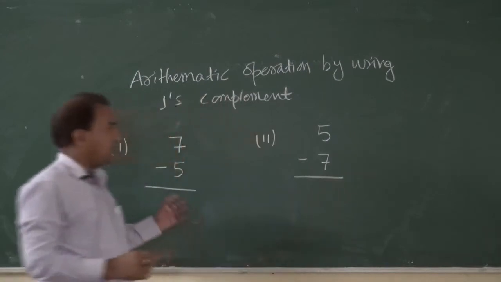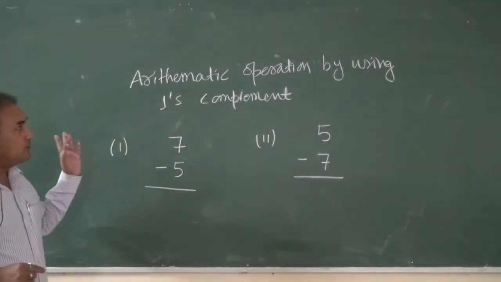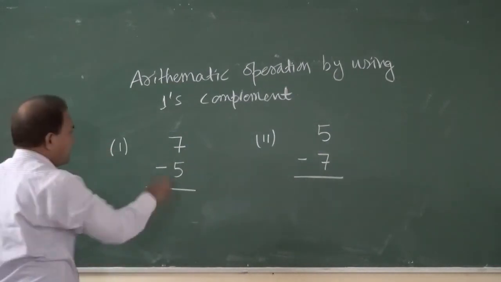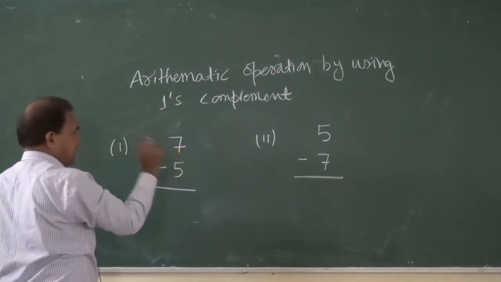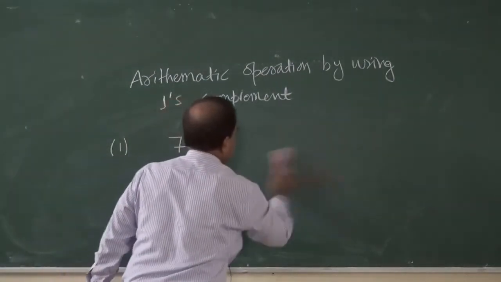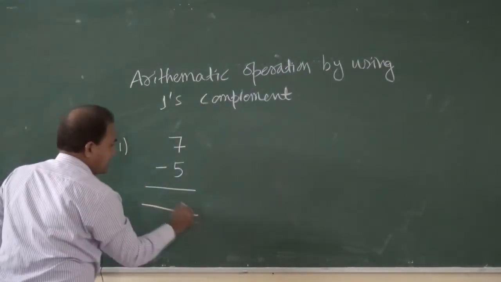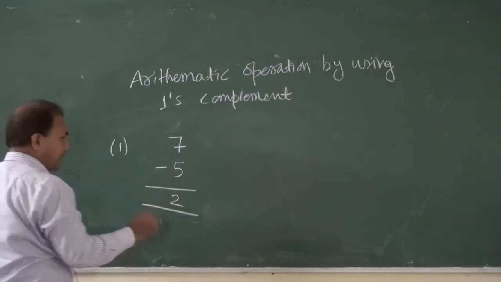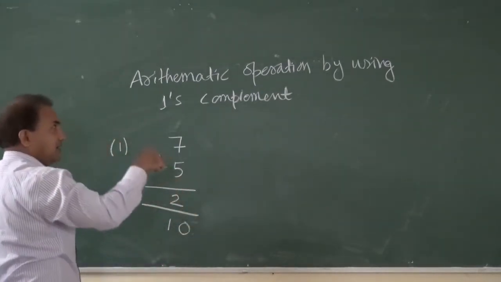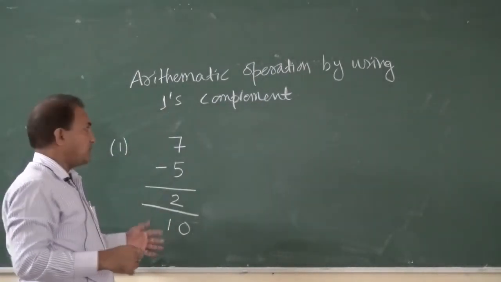If you want to do this arithmetic by using one's complement, how can you do this? First 7 minus 5. The answer is 2 in decimal, and in binary it will be 1 0. You can check by using one's complement, it should be 1 0.